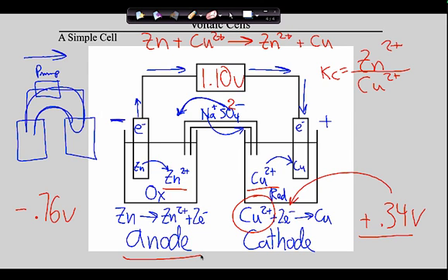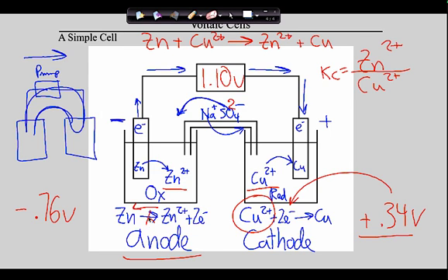Now let's go over here. What is happening at the anode? Oxidation. If the anode is oxidizing, is the reaction that's on here the actual chemistry that's taking place? It is not. What do we have to do to make this half reaction match what we're talking about?